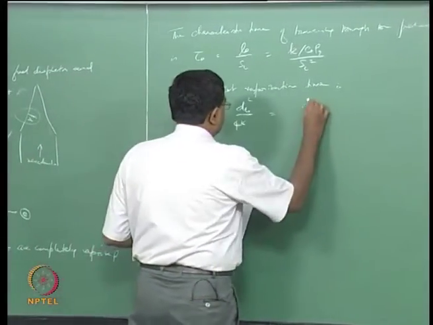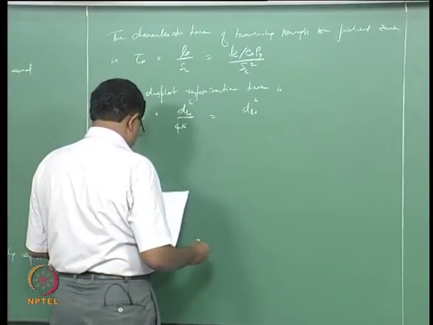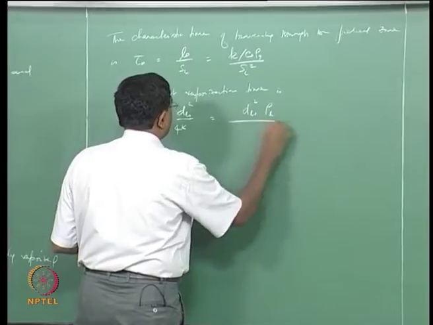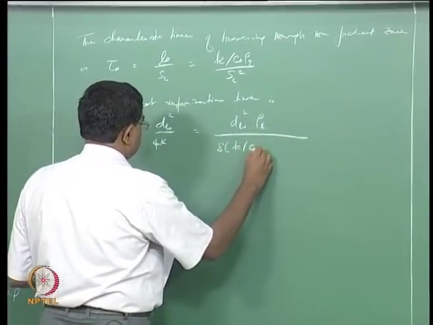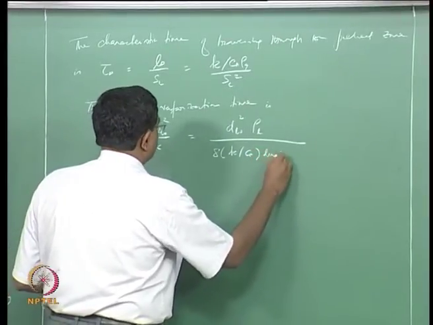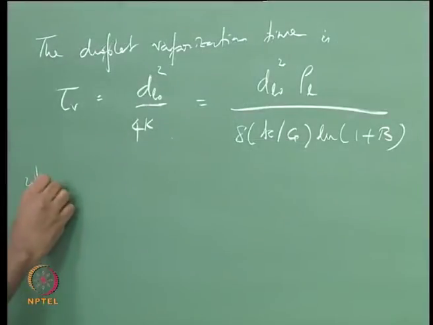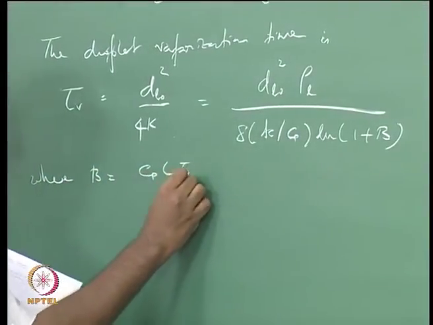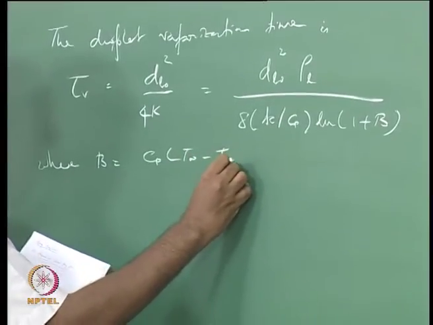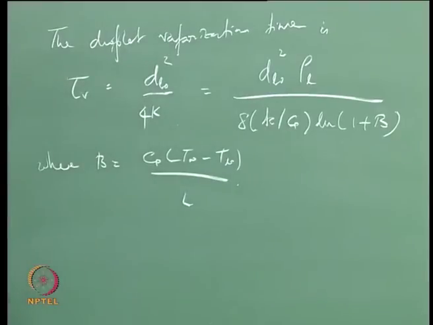So then we use the expression for the evaporation constant that we had obtained, natural logarithm 1 plus b, where b in our case is Cp times T infinity minus Tb, the boiling point, divided by the latent heat of vaporization.